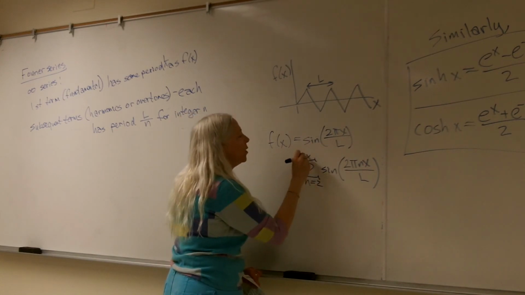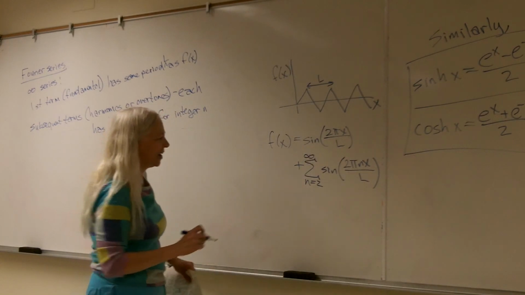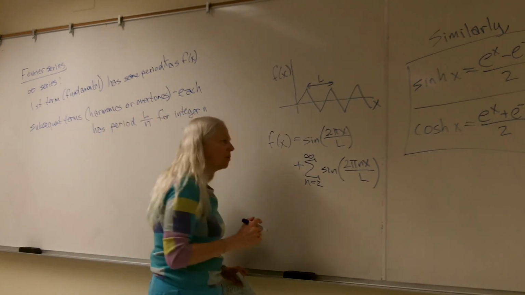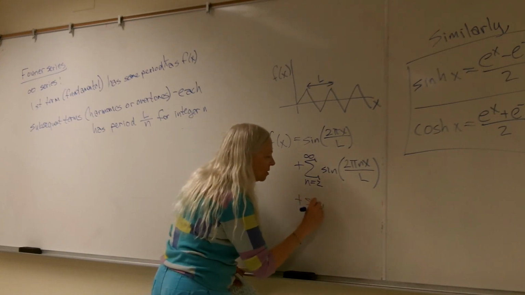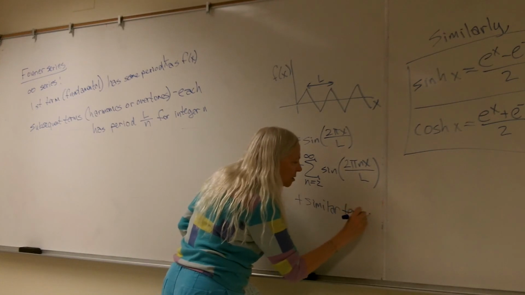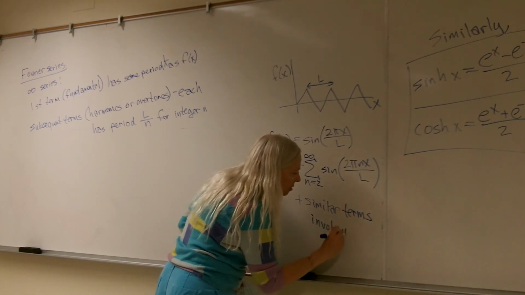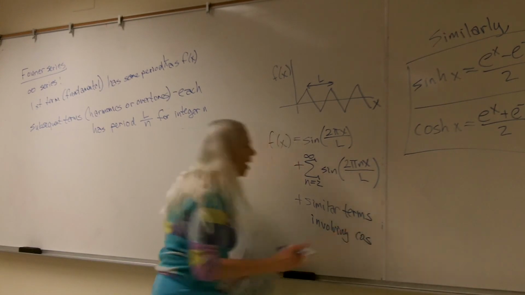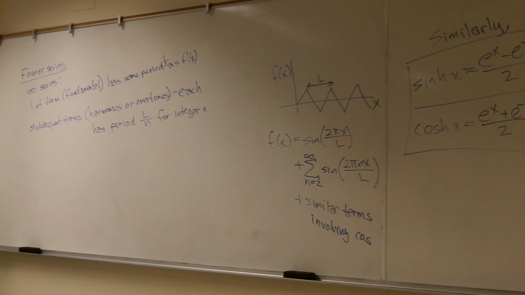So let's say 2 to infinity, since the n equals 1 term already looks like that. And of course, there could be some cosine terms as well. Again, we'll write down a more general way of writing this in just a moment. But I'm giving you an idea of what it might look like.